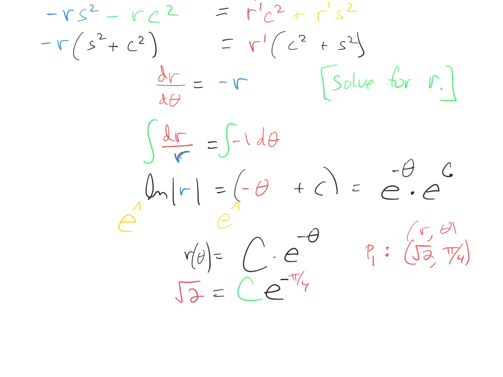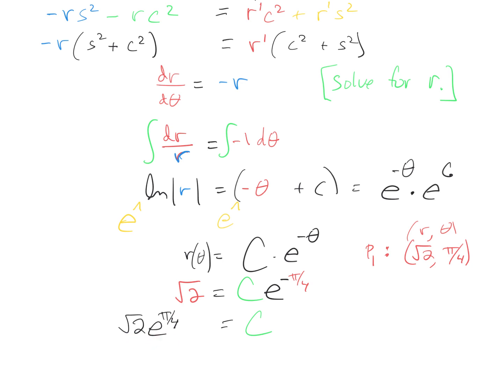So c then is equal to root 2 e to the pi over 4. Because if you multiply this side times e to the pi over 4, you'll have e to the negative pi over 4 plus pi over 4, which is e to the 0, which is just 1c. All right, so c is equal to root 2 e to the pi over 4.